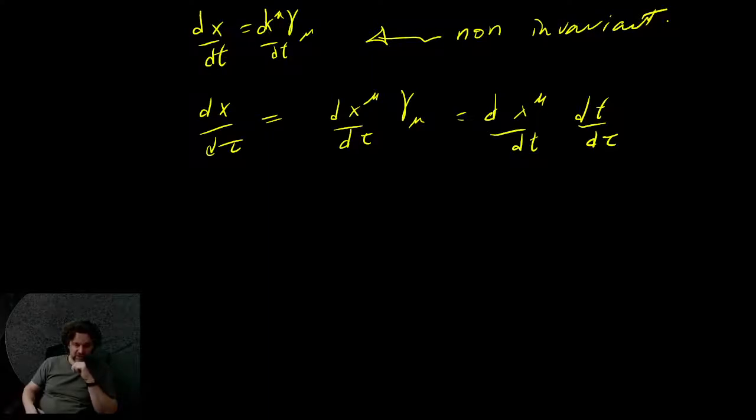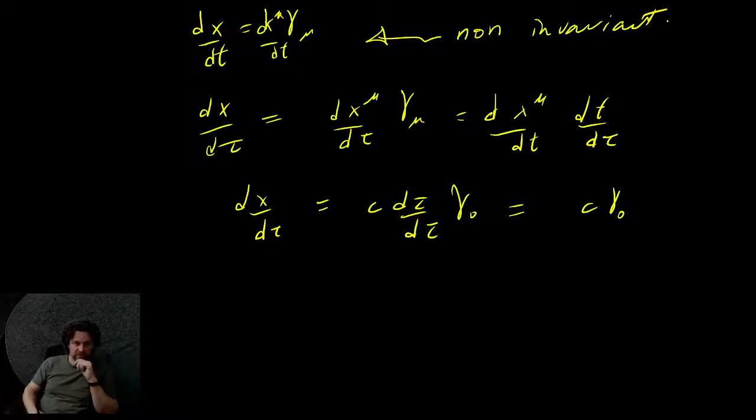And we can actually compute that in the rest frame. So in the rest frame, dx/d tau is c d tau gamma naught over d tau, which is just c gamma naught. So dx/d tau squared is just going to be c squared. So our proper velocity squared is just c squared. It is an invariant quantity regardless of the frame.